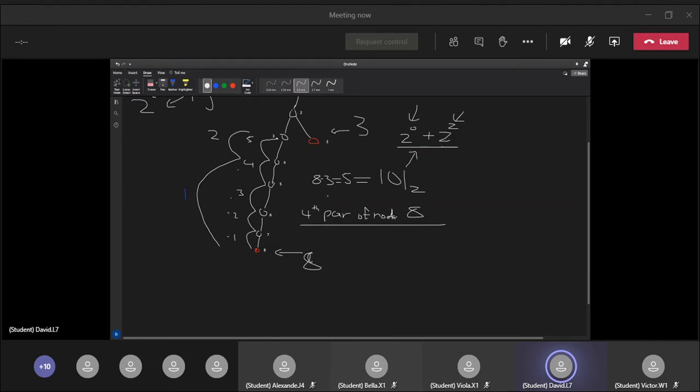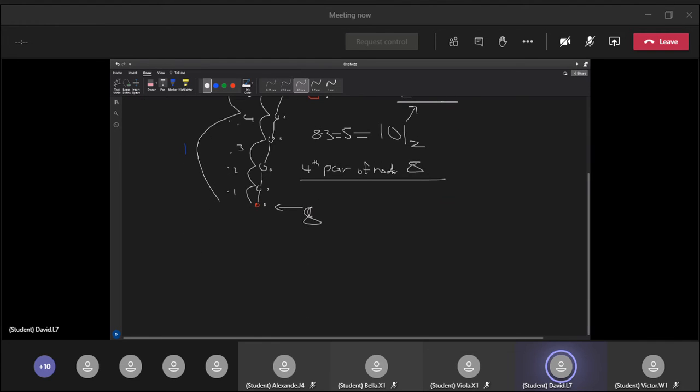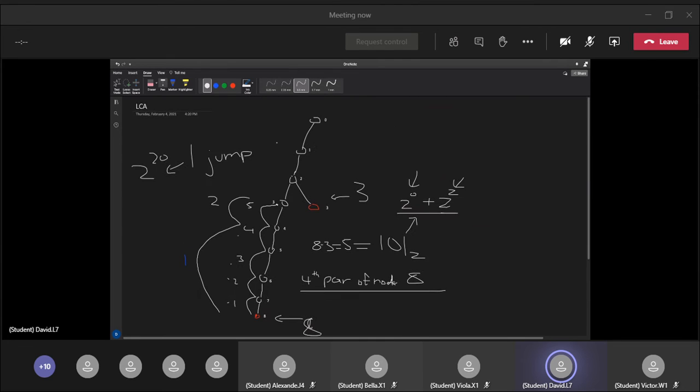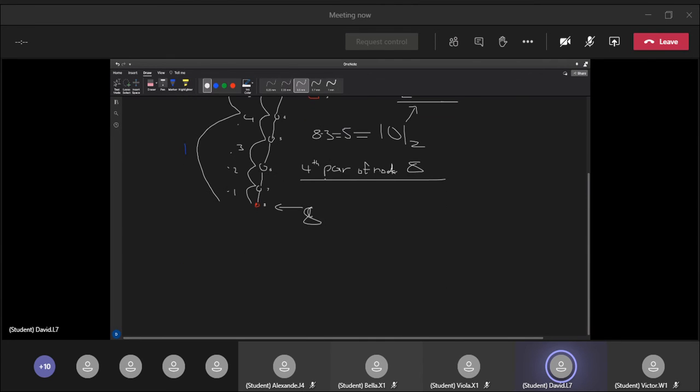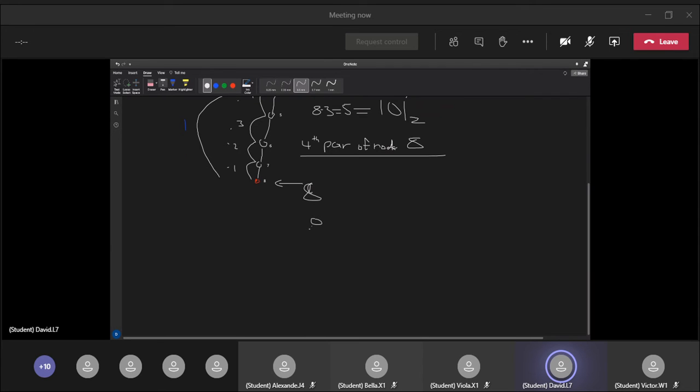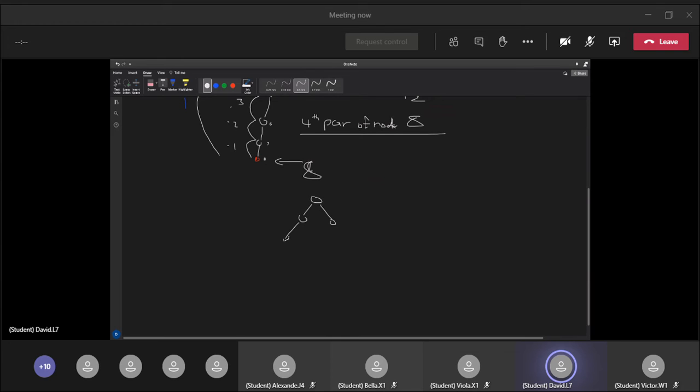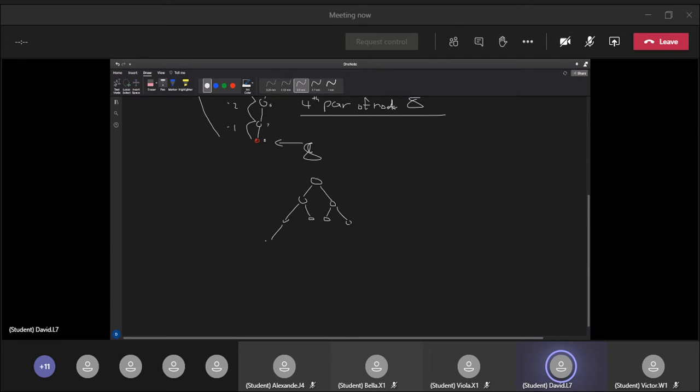Okay, cool. So once we've done that, we can proceed on to the next step. So I'll draw another tree down here. And your tree doesn't have to be a binary tree.